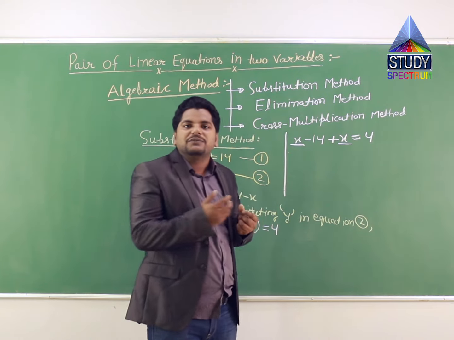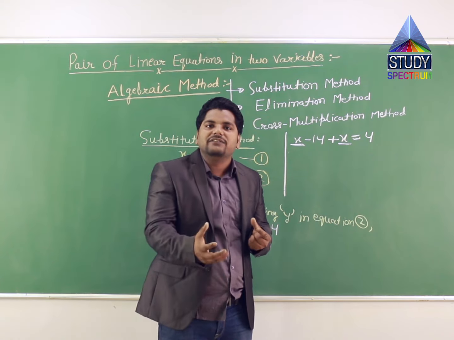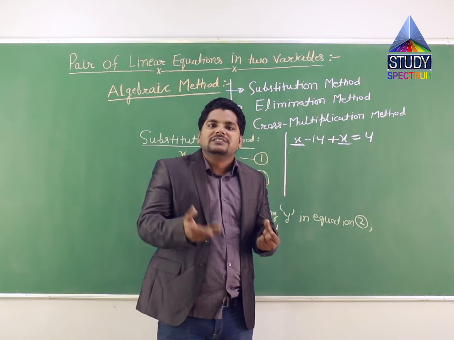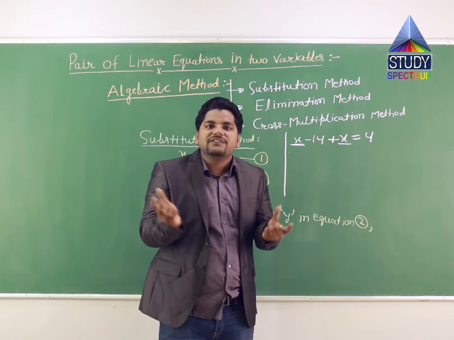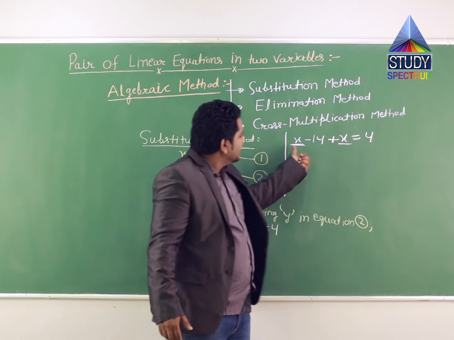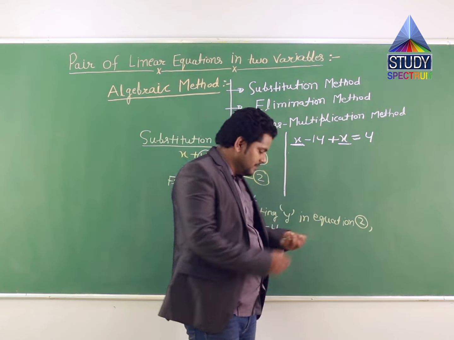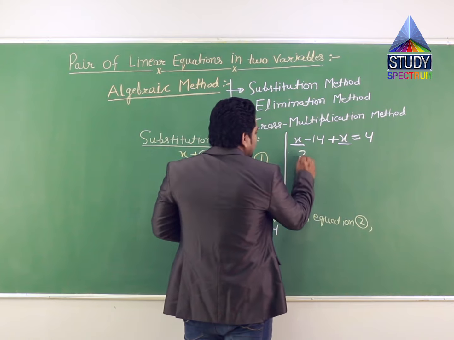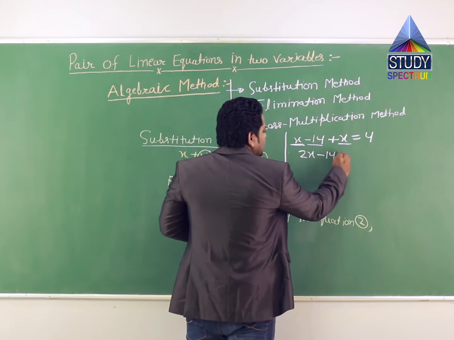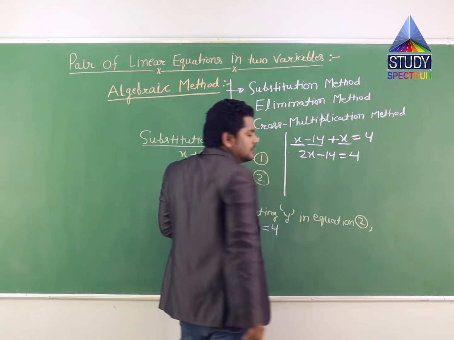If you are given 2 guava and 5 apple, then you cannot say it is 7 apple or 7 guava. So same class of variables are added together. So here x and x will be added together. So it will be 2x minus 14 is equal to 4.